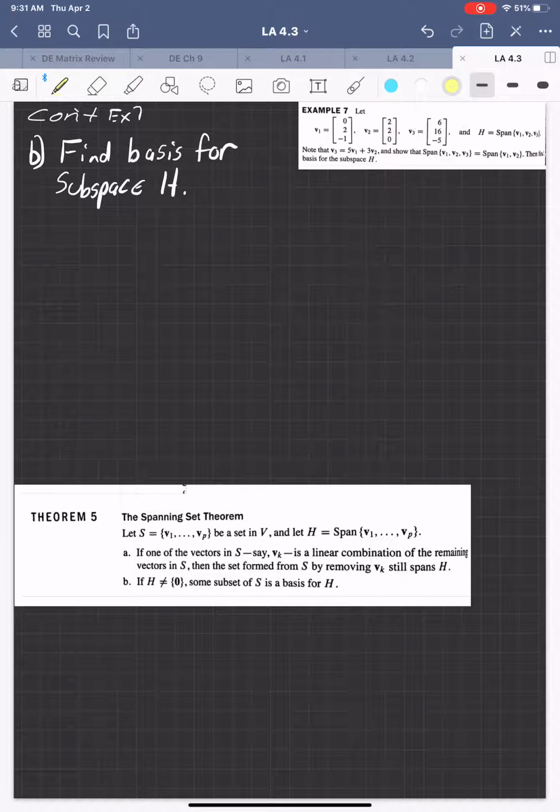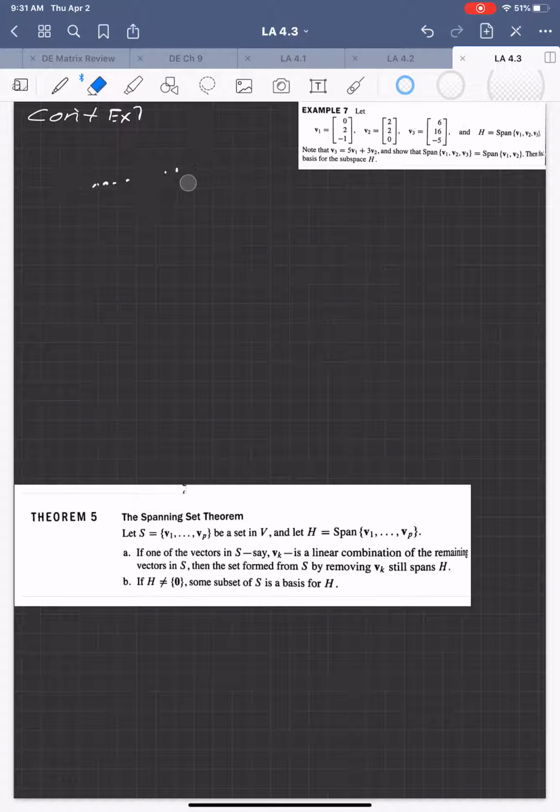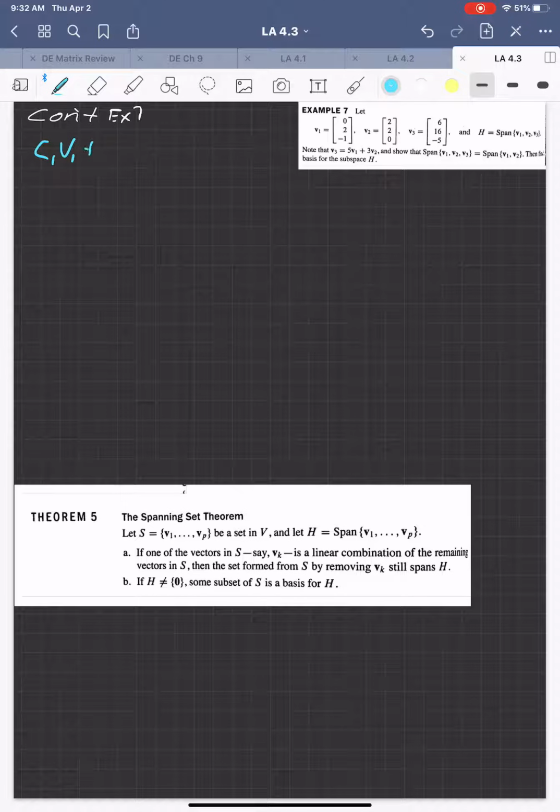So let me give myself a little bit of space here. Let me show you how you can actually prove that the third vector contributes nothing to the span. Ready? Let's start with the idea that we started with three vectors: c sub 1 times v sub 1 plus c sub 2 times v sub 2 plus c sub 3 times v sub 3.